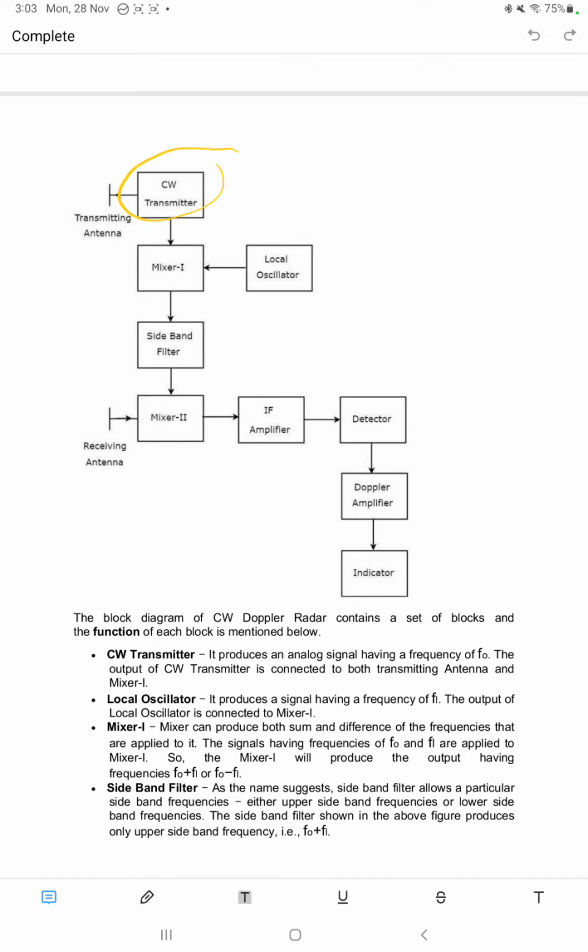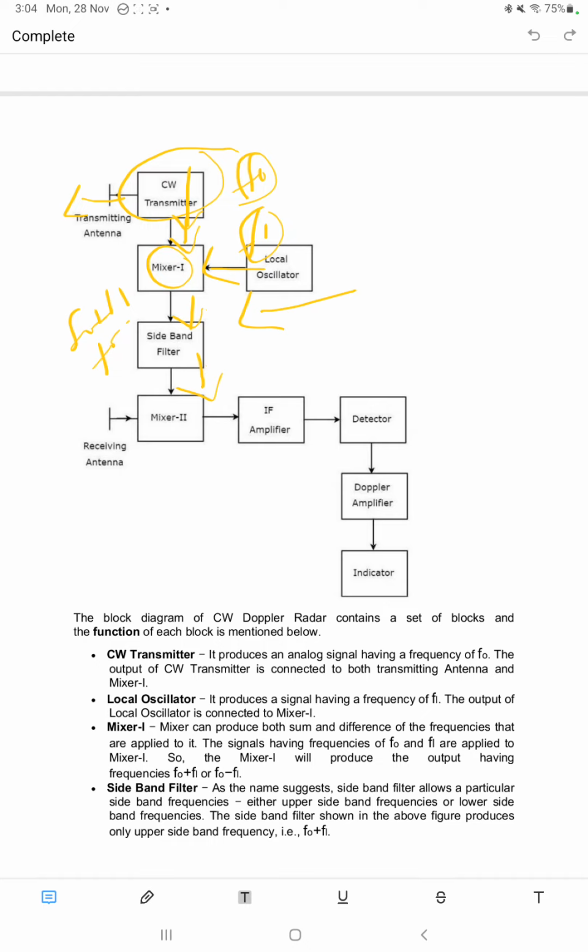Here the continuous wave transmitter transmits signals with frequency f0 to the transmitting antenna and to the mixer. The local oscillator provides frequency f1. The mixer mixes both, giving f0 plus f1 or f0 minus f1. The sideband filter passes the upper frequency.